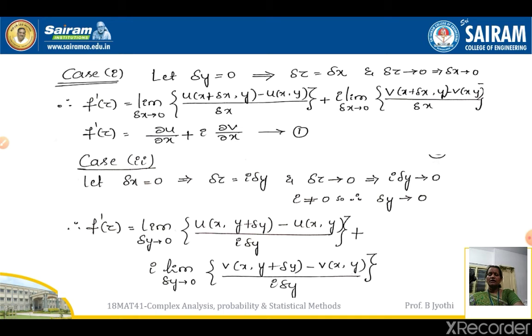Now we come across two cases. One case is that delta x tends to 0; what happens to delta z? Another case is when delta y tends to 0; what happens to delta z and the limit?